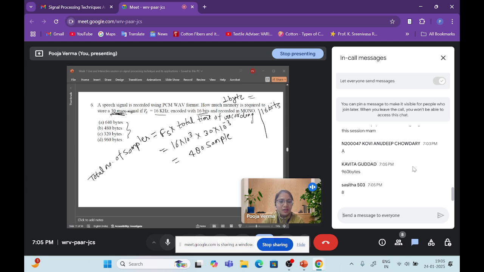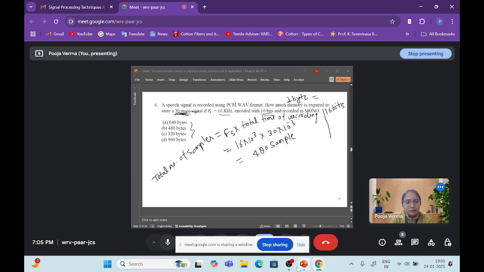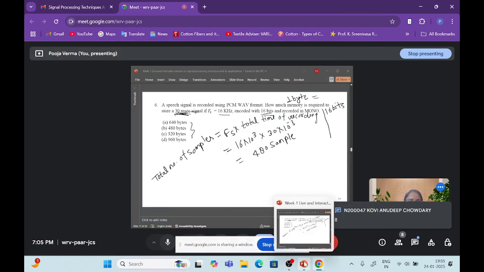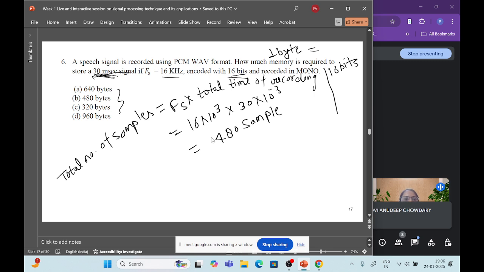Please answer at least this question. One byte is equal to how many bits? Yeah, in one byte there are 8 bits. So for 16 bits, how many bytes will be there? That means 2 bytes.